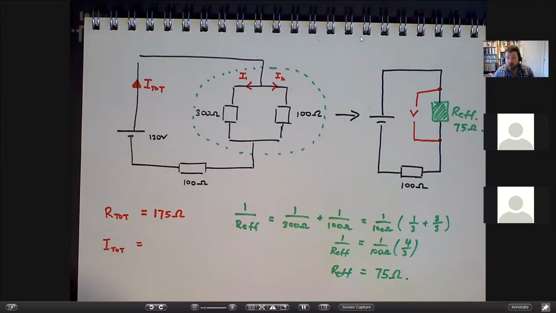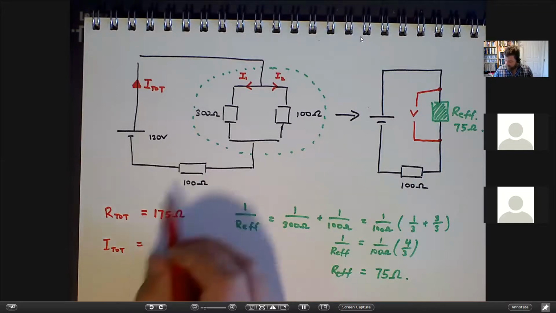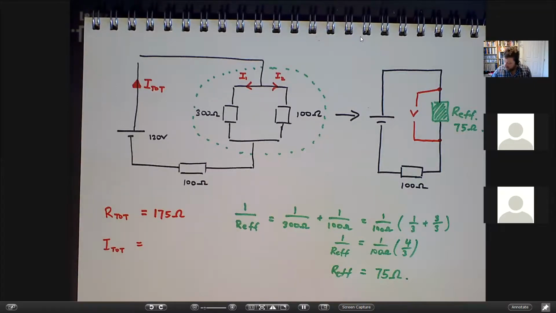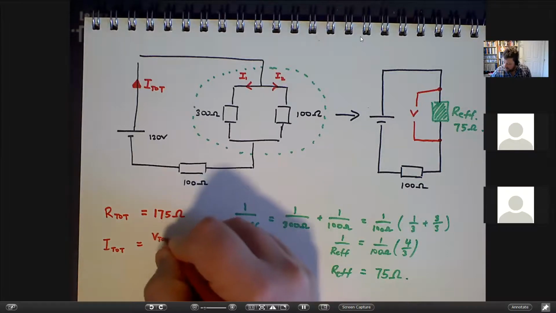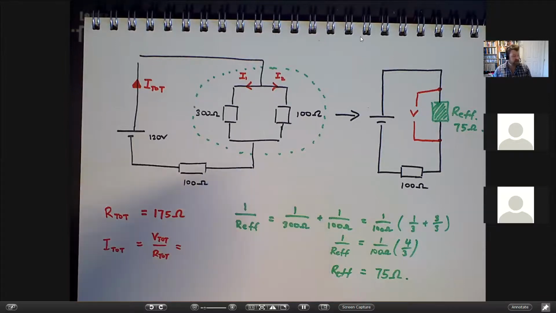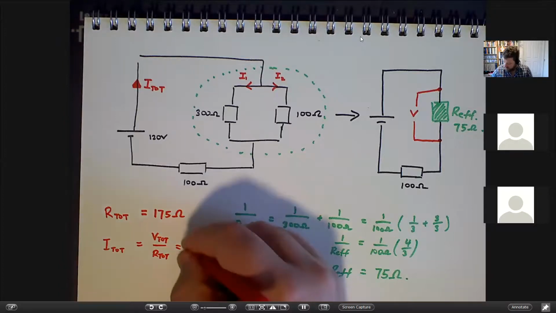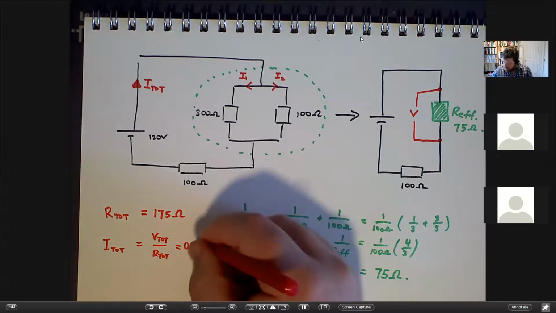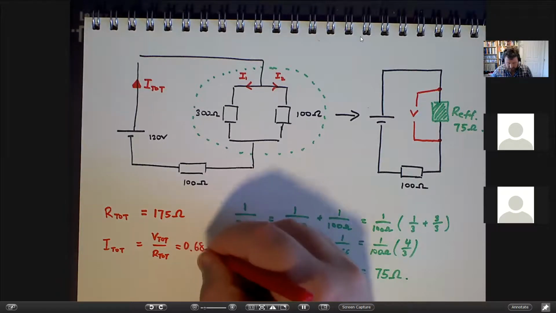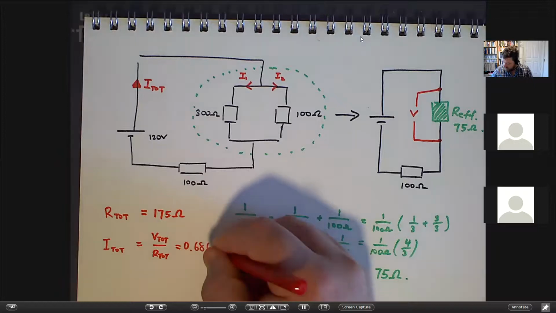Now that we have our total resistance for our circuit, we can just use I total equals V total over R total. I told you electricity is full of subscripts. And so that's just going to be 120 divided by 175, which is 0.686 amps. I don't know how many decimal points you want to keep.